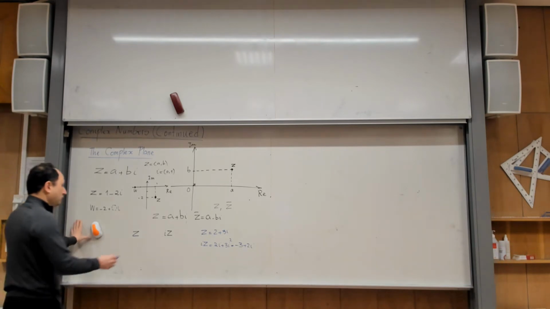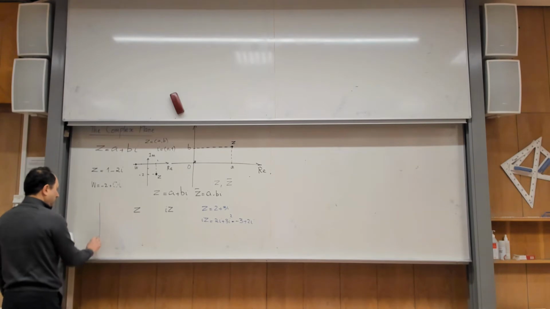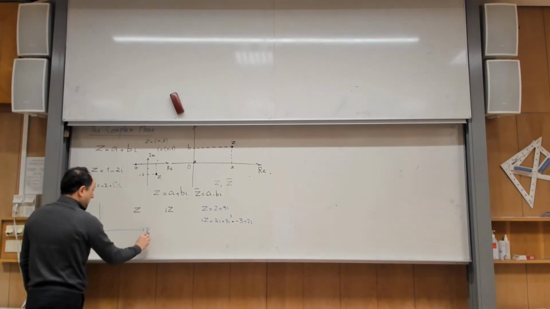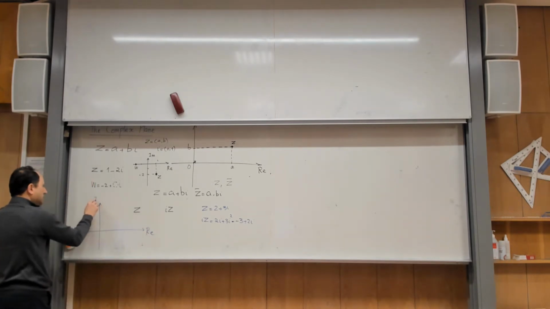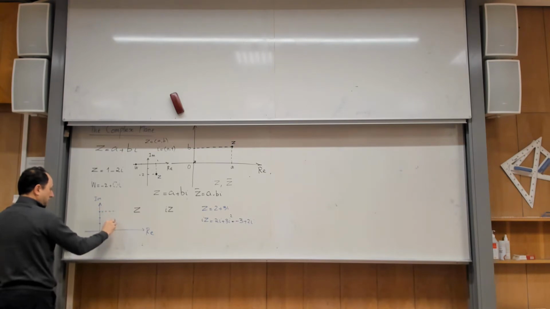So for example, if I want to draw this one to understand, you see here I have the real axis, I have the imaginary axis, and then I have 2 and 3. So this is my z.